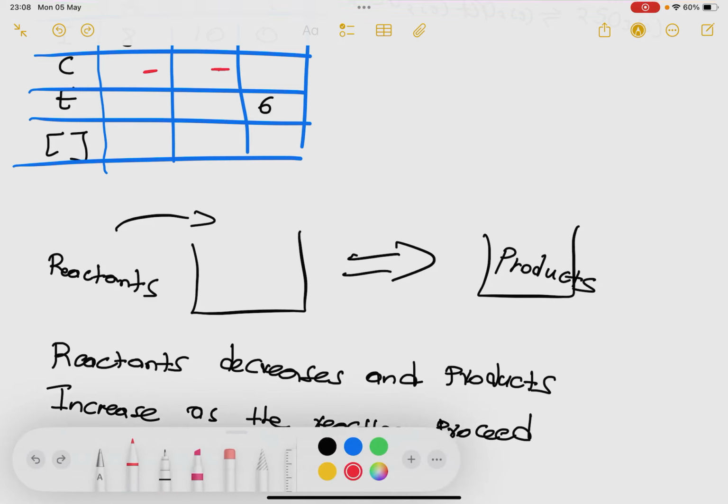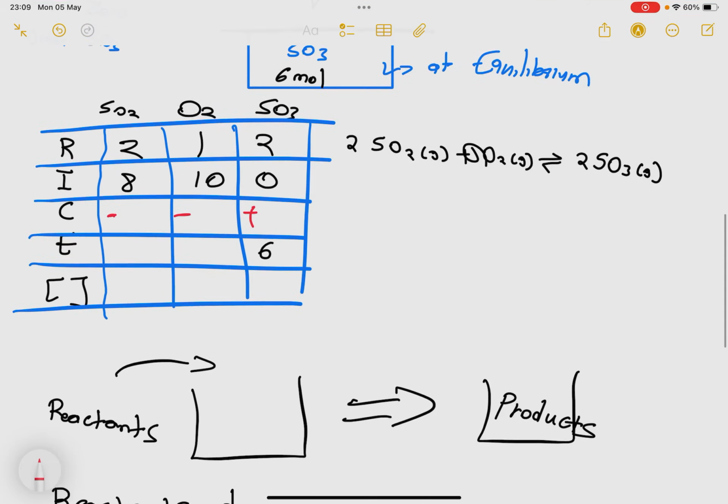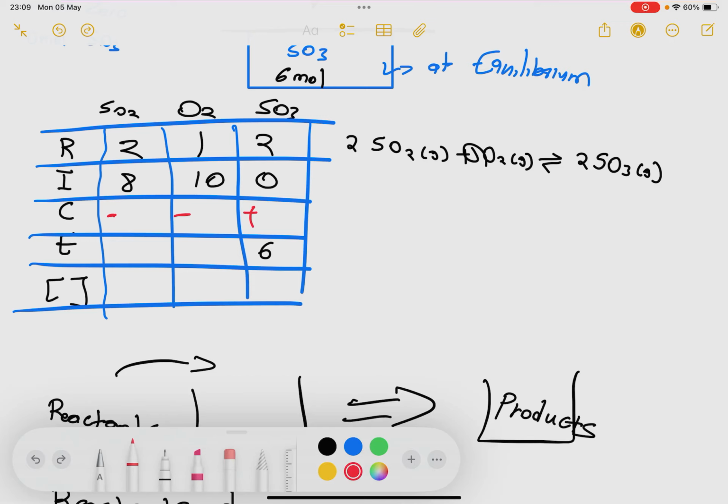When you are cooking your pap again, you start with 0 pap, but at the end of the reaction you have pap all over. So it means that the product increased. Does it make sense? So your reactants decrease, but your products are going to increase.